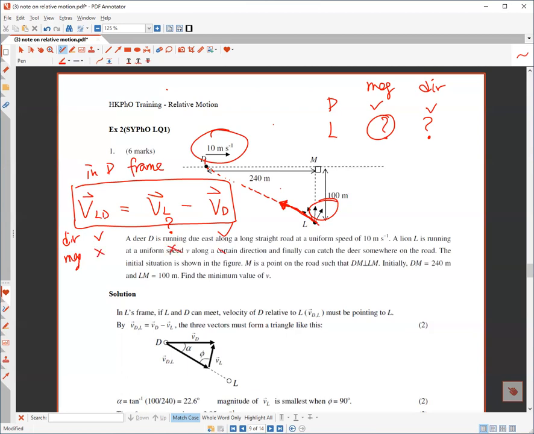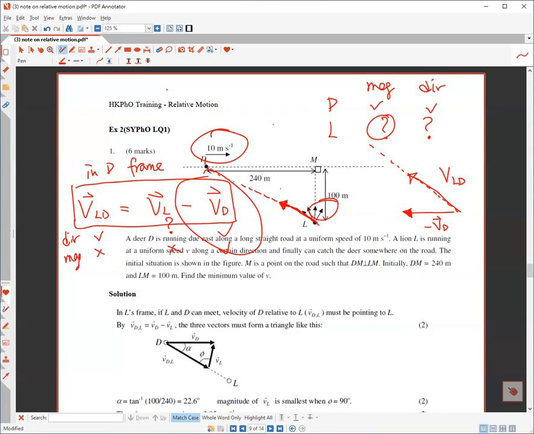So if you want to draw the vector diagram, how can I draw it? I will first draw this one: minus VD, which points to the left. And then plus VL, and that gives you the velocity VLD.